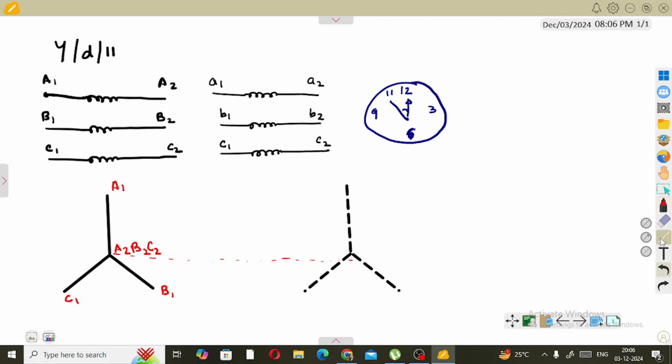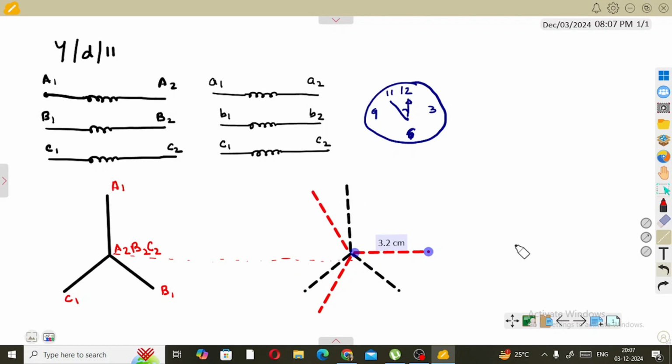First of all, I have to draw this 30 degree angle from here. Next, the 30 degree from here. And another one, 30 degree. And 30 degree from here. So I've got all the three connections. This is 30 degree from here, 30 degree, 30, that is my 11 convention.